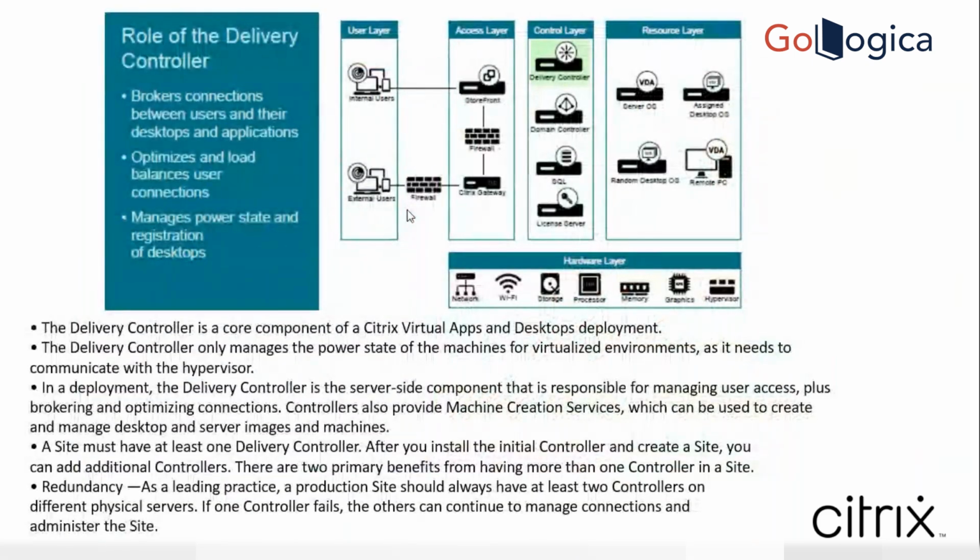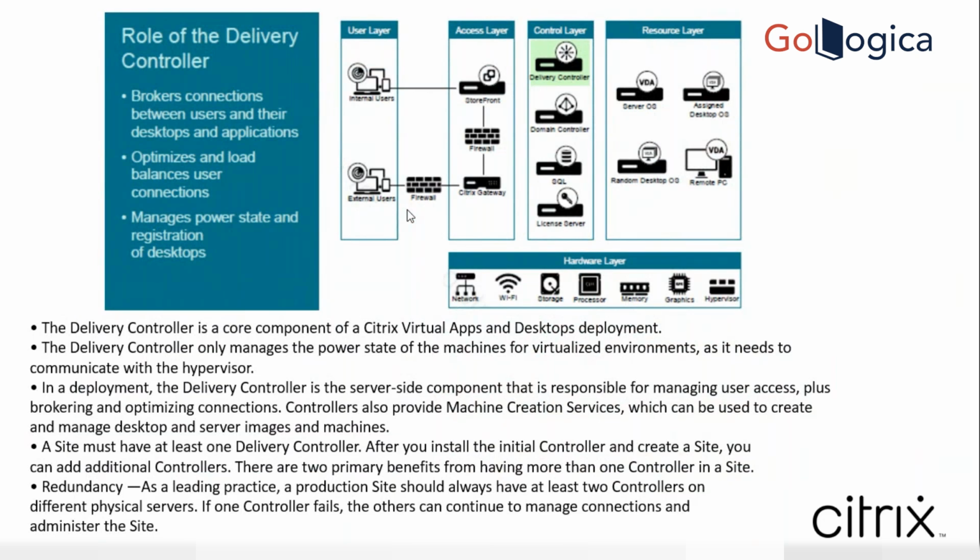We have already studied that it has 5 layers: user layer, expert layer, control layer, resource layer, and hardware layer. In which layer does the delivery controller come? Control layer.